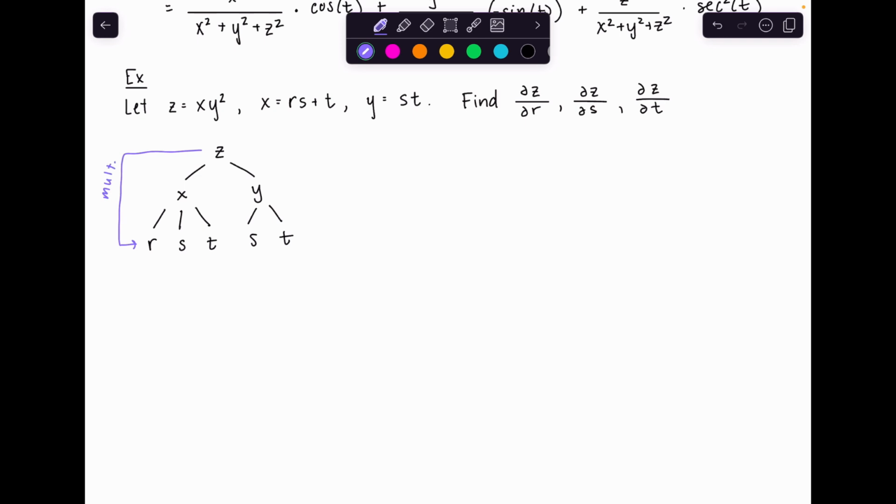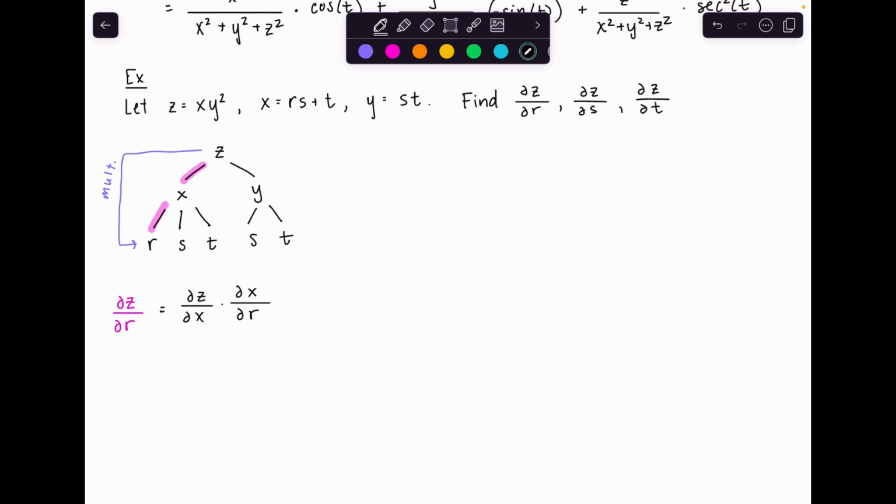So starting with our first one, we'll do the partial derivative of z with respect to r. If I follow my path down to r, I really only have one way to get there, which is kind of nice. I don't have to go through y either. So this will be the partial of z with respect to x, and then x to r. Everything is partials.